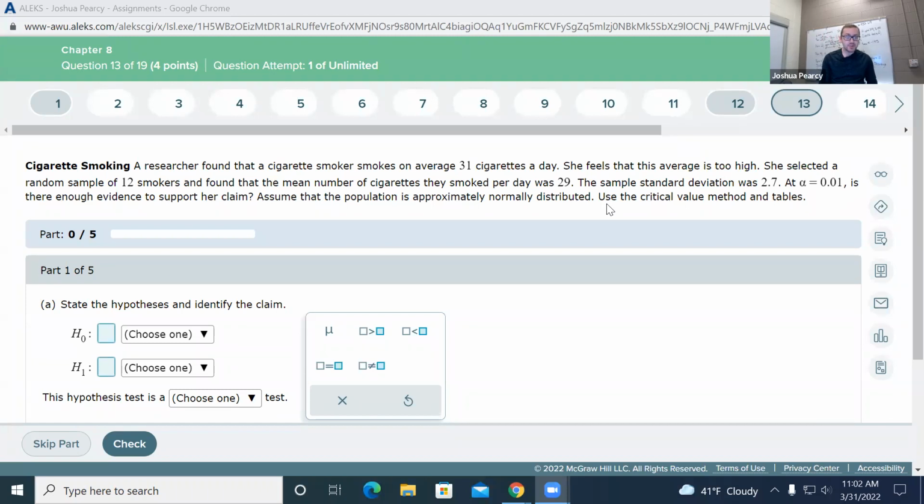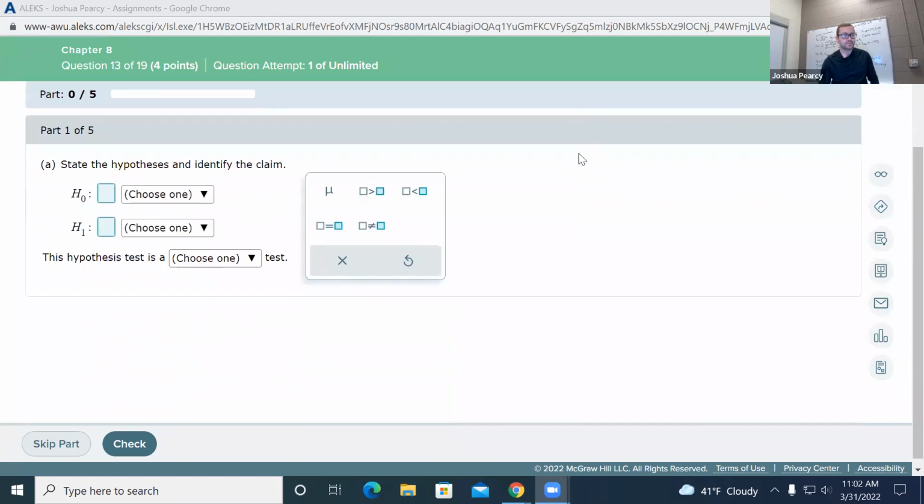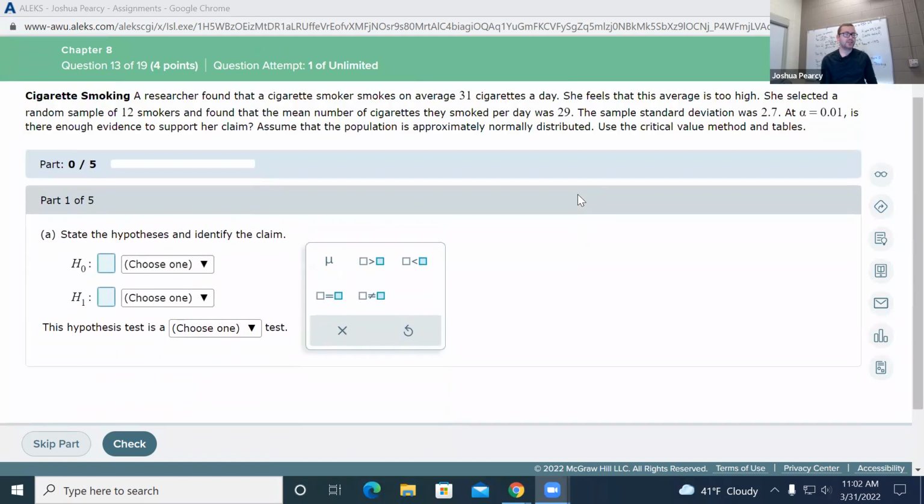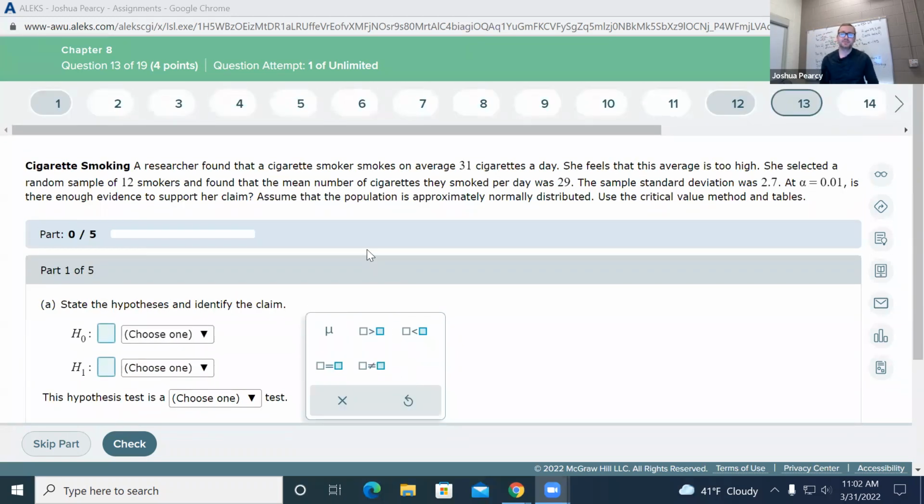Now, assume the population is normally distributed. Use the critical value method and tables. The first step, identify the null and the alternative and identify the claim. The claim part is kind of a pain. Then the null hypothesis is what? Yeah, mu equals 31. Then your homework has you do it this way. Mu equals 31.